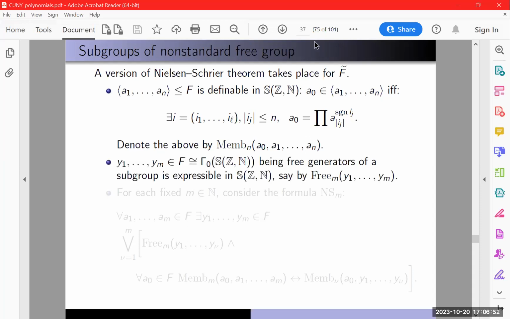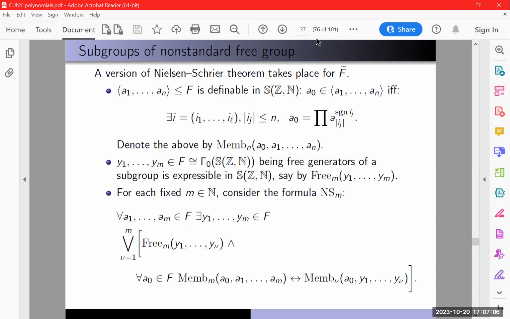And then it is also not that hard to write down that elements y1, say, through ym, freely generate their subgroup. And then you can put that all together, and what you get is the statement that for every m elements in the free group, there are, I shouldn't have written m here. So this was supposed to be less than m, but whatever. Oh, right, okay. So no, fine.